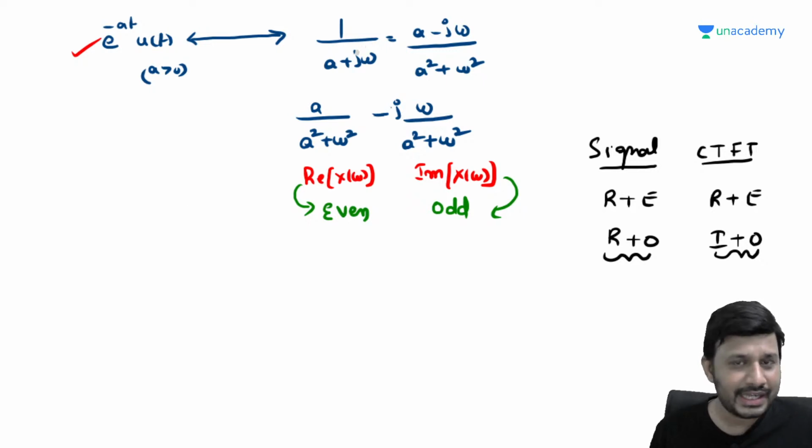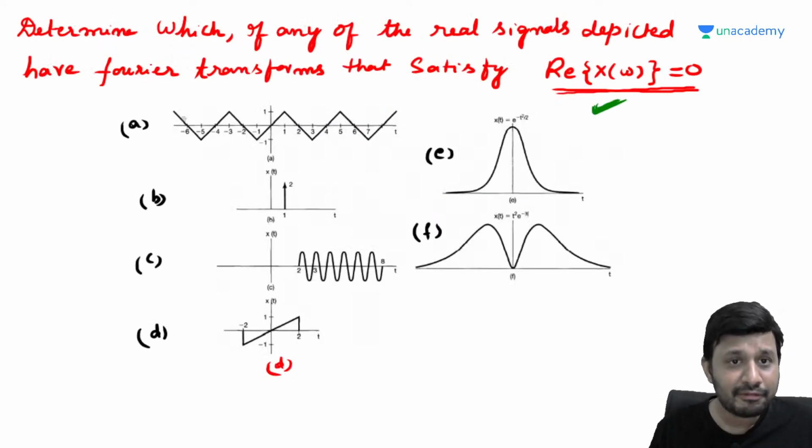Now as per the condition he gave, real part of X of omega is 0, means we have the imaginary part, and it will be odd definitely for a real signal. So the Fourier transform is imaginary and odd, means the time domain signal must be real and odd. So from the given A, B, C, D, E, F, identify which signals are real and odd, and we know that an odd signal must pass through 0.